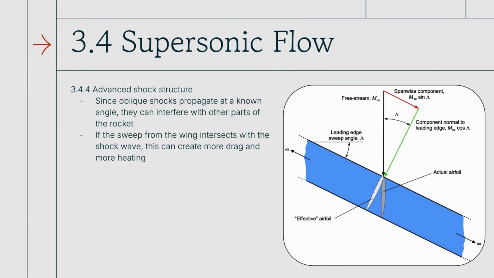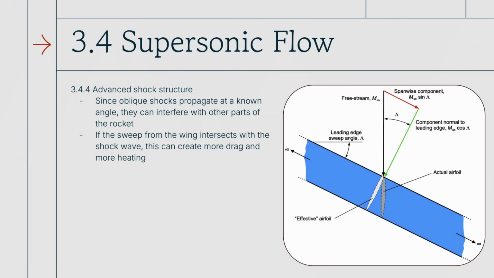For example, last year there were concerns that if the canards were lower on the vehicle, the shockwave from the canards could interfere with the fins. And the shockwave can also interfere with the wing itself.